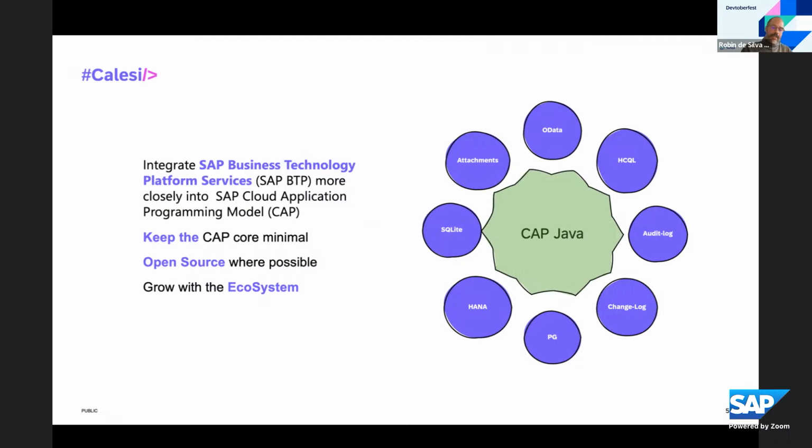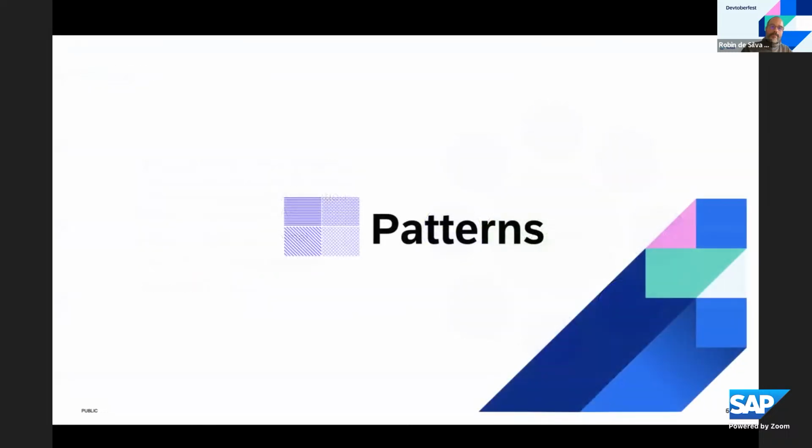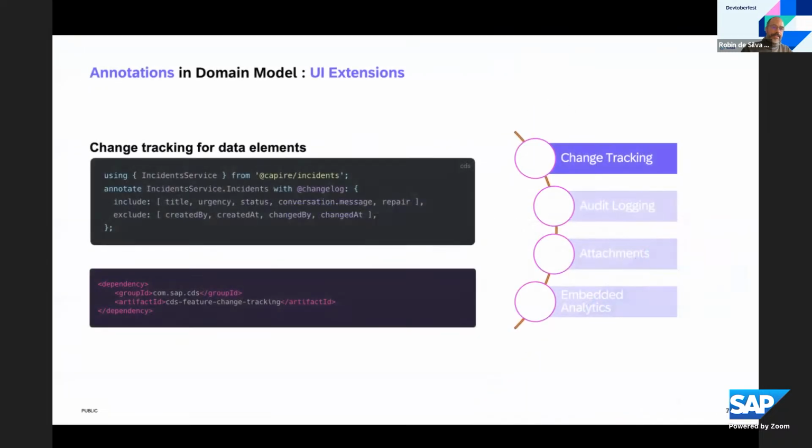We have a growing ecosystem now already of different plugins inside and even outside SAP, and also as open source plugins. We have different patterns, but basically it's every time pretty similar. You have a modeling part because, as said, in CAP everything is about modeling in CDS.